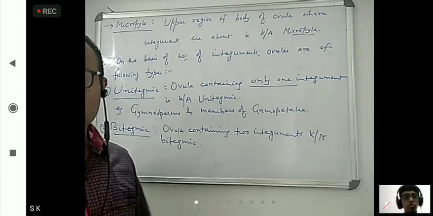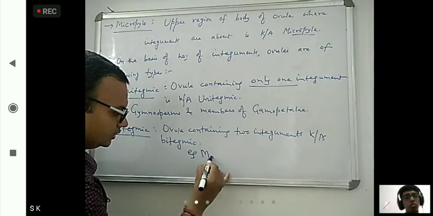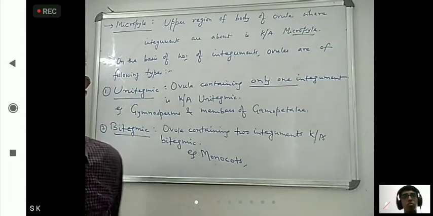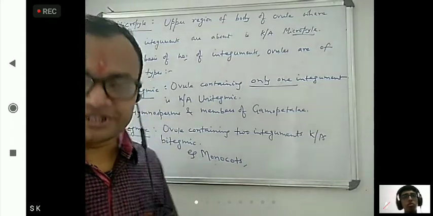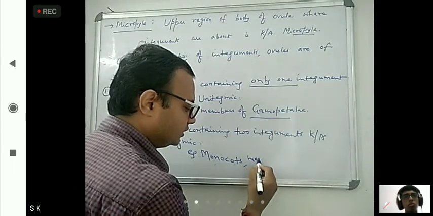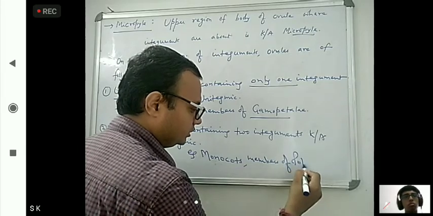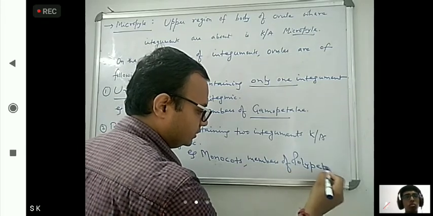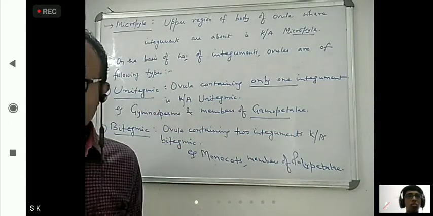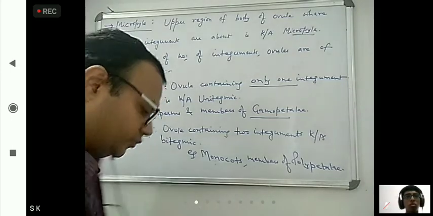Yes, monocots. Other examples are members of Polypetalae. Now, one more type is there, that is ategmic, meaning without integument.